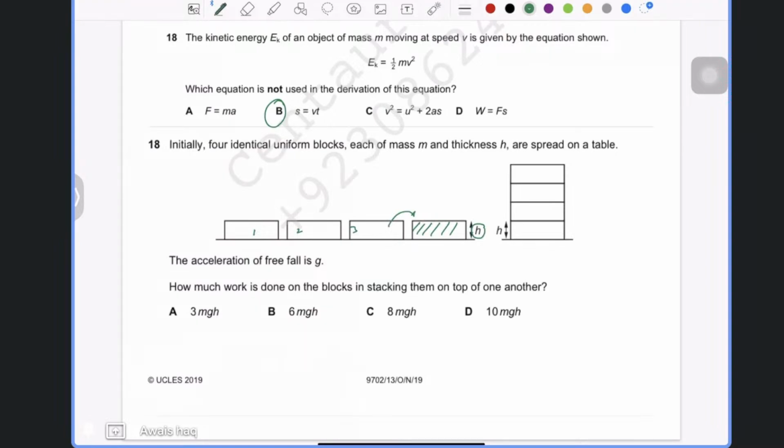So moving box 3, I need to do mgh. When the box is stacked here, the height is double, now it is 2h. So to stack box 2, I need to do m, g and double the height, 2h. You guys agree?